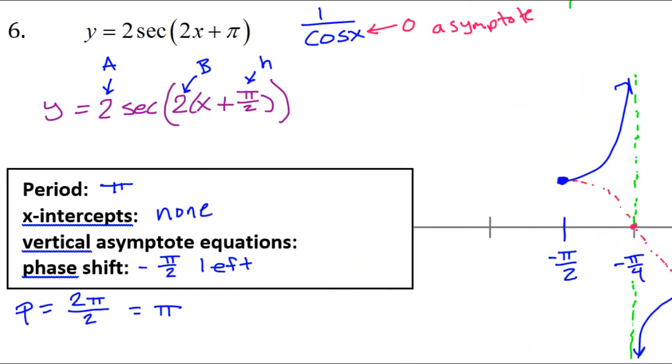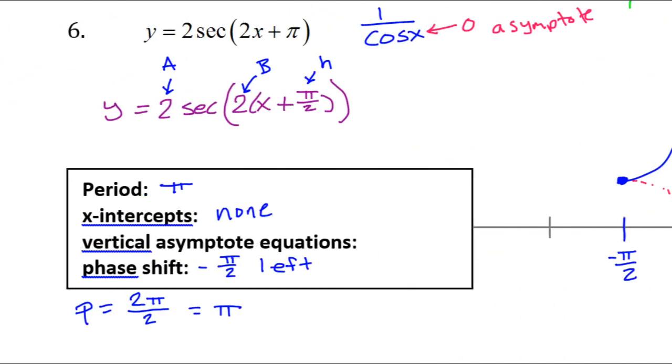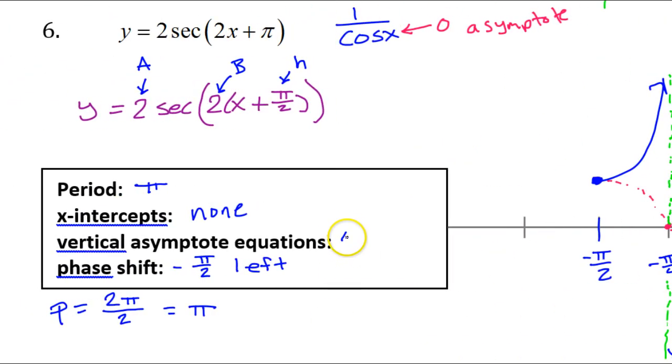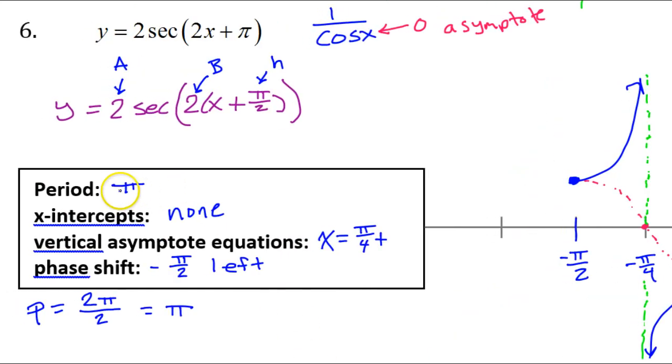Okay, so I'm just going to pick one of them, and I always pick the first positive one, so pi/4. So I'm going to have a vertical asymptote, which is always x equals, alright, x equals pi over 4. And then I'm going to add, and again, they occur every half period. So the period is pi, so a half period is pi over 2.